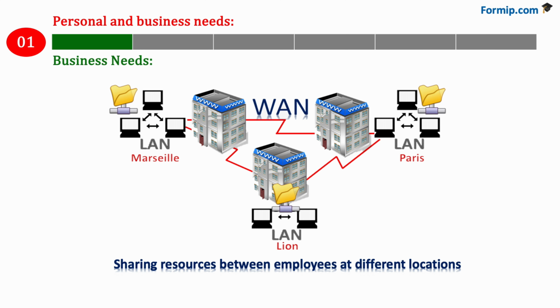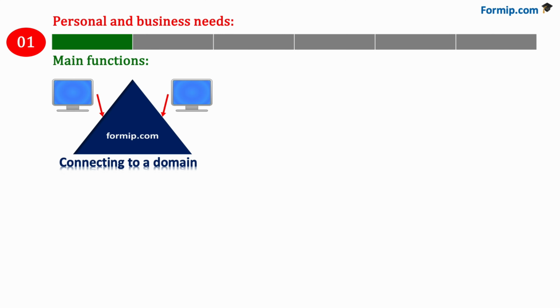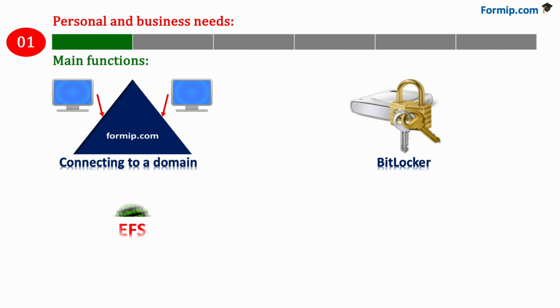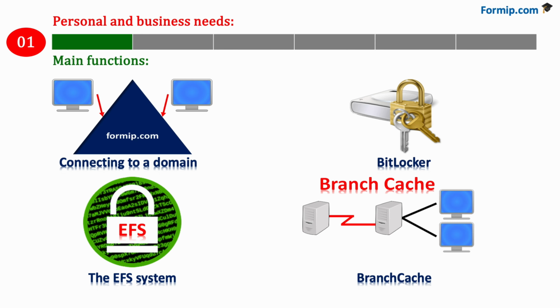It is because of all these constraints that Microsoft has had to provide certain features specifically for businesses. Among these features, there are access to a domain, BitLocker, the EFS file system, and the BranchCache feature. And we're going to detail all of these tools right away.